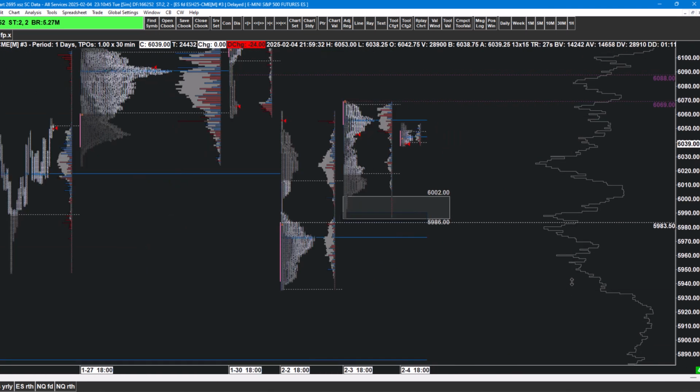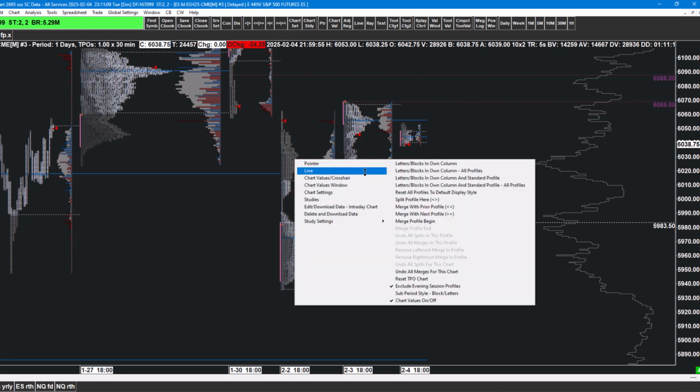It's pretty straightforward. Build your edge around something that makes logical sense and always seek to enter on support and resistance. How you find that is completely up to you. I simply chose the way that makes the most logic, and it's using market profiles, volume profiles, and just price action, right?